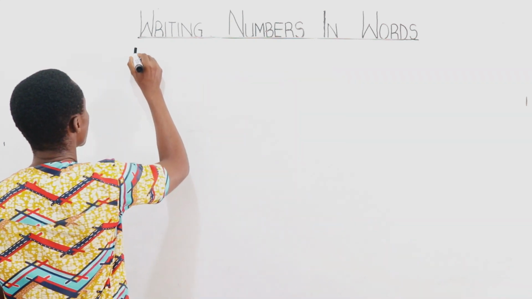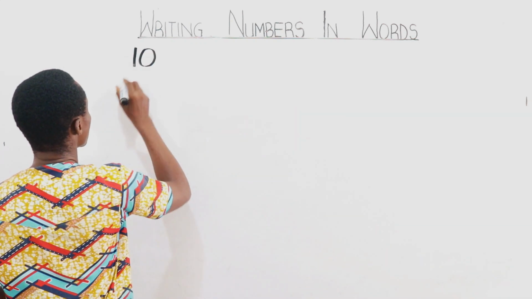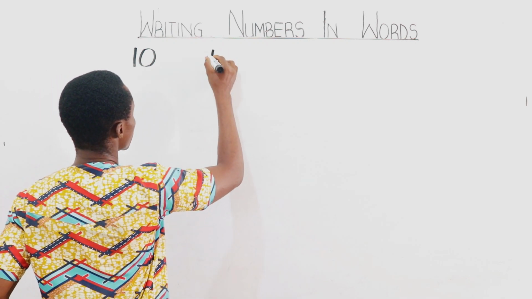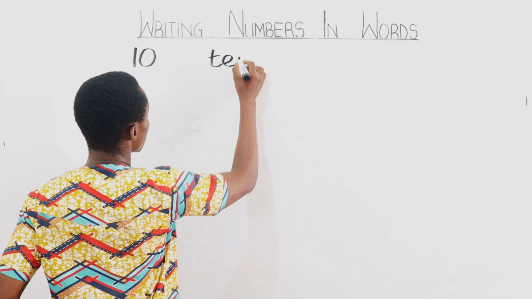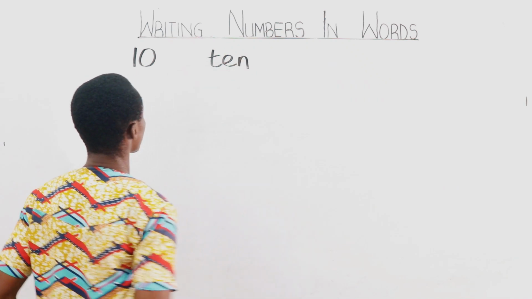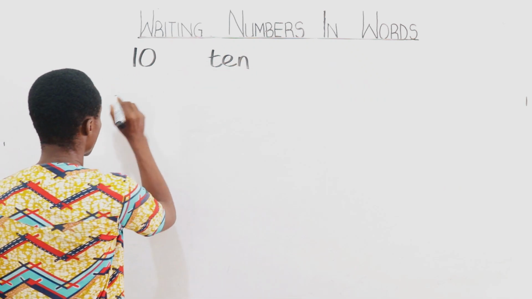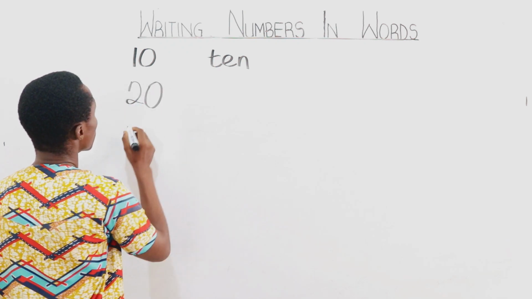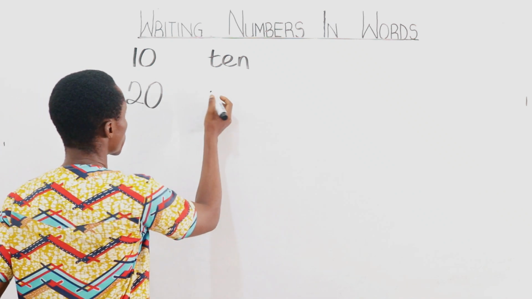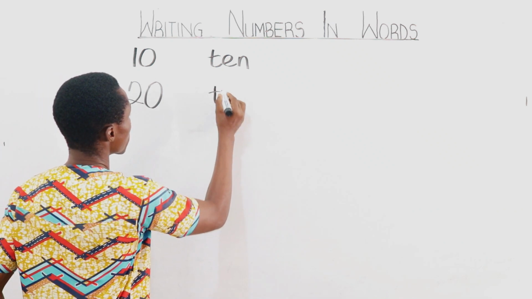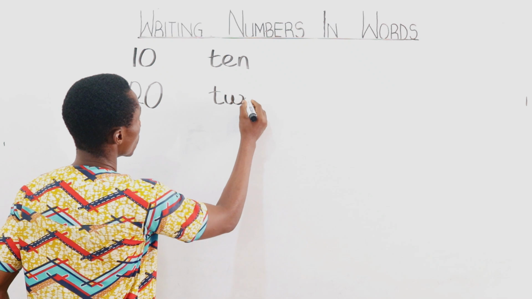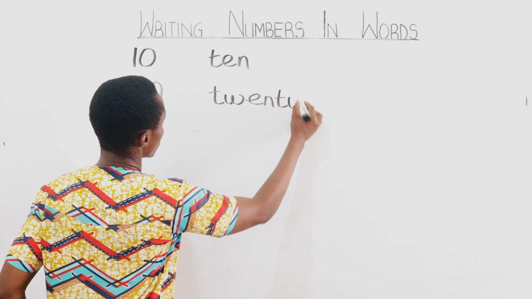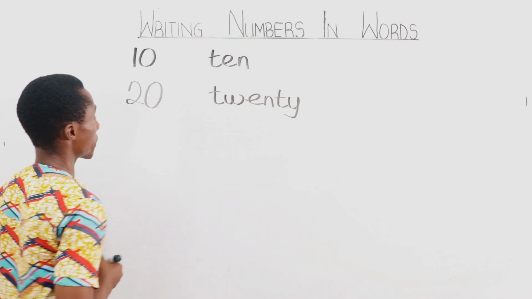So the first ten is the number 10. And 10 is T-E-N. 10. The next ten is 20. And 20 in word is T-W-E-N-T-Y. 20.